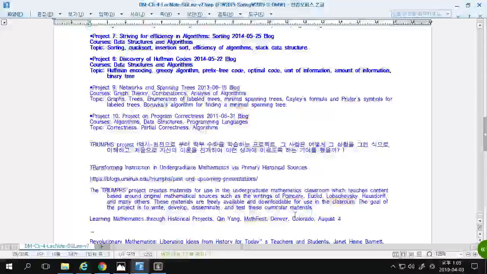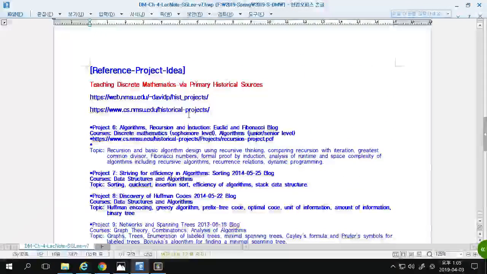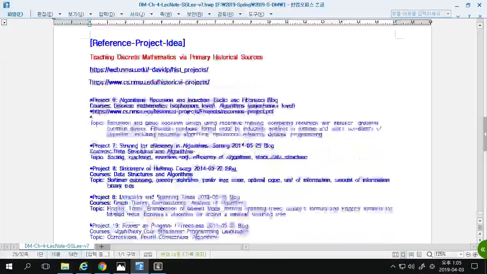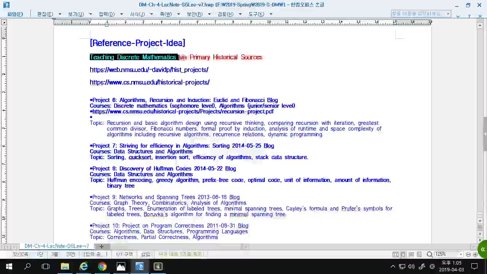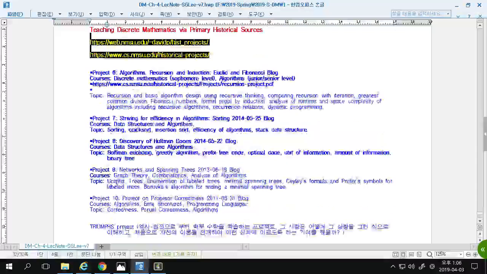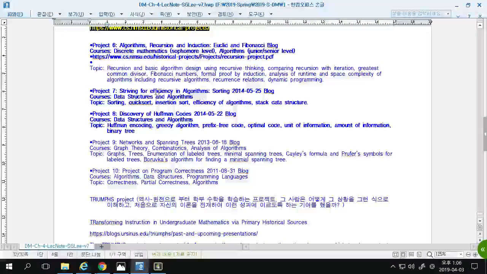And also, I have added some information in Q&A, and it was very interesting to find these ideas, teaching discrete math via primary historical sources that you can find at these web addresses. Here, it shows striving for efficiency in algorithms and discovering Huffman code and networking and spanning trees and a project on programming correctness.